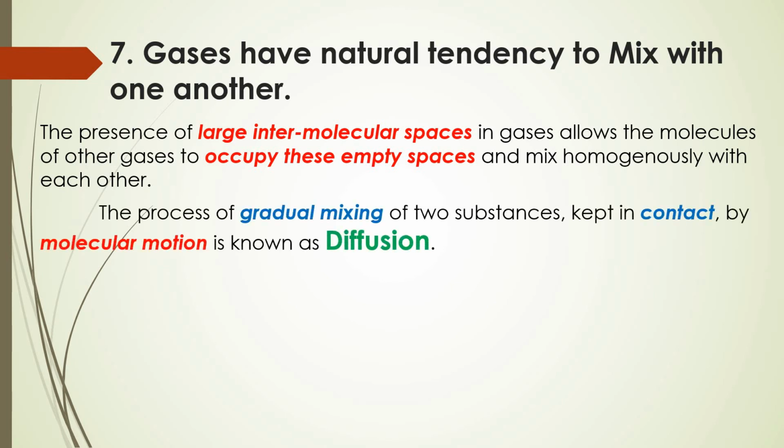The process of gradual mixing of two substances kept in contact by molecular motion is known as diffusion. So we can say that gases undergo diffusion immediately whenever they come in contact with each other.